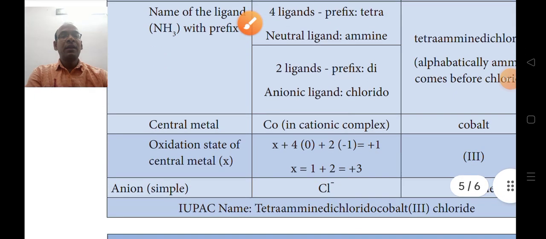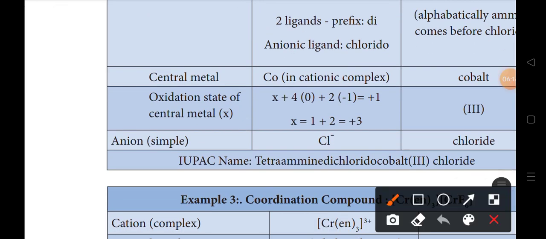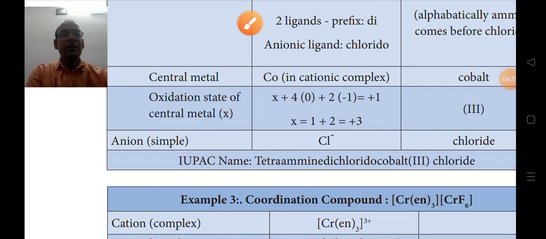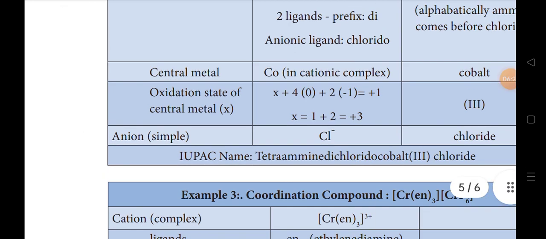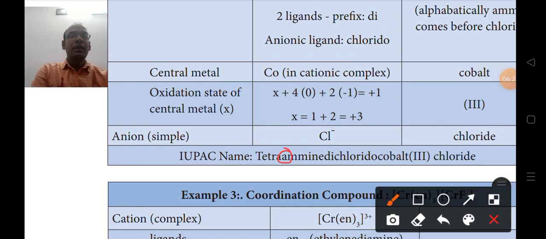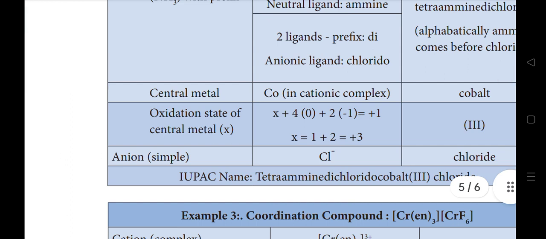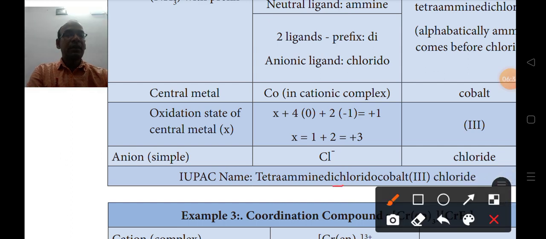Alphabetical order: in ammonia, the first letter is A; in chloride, the first letter is C. In alphabetical order, A is first, C is second.